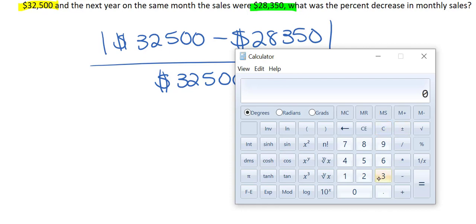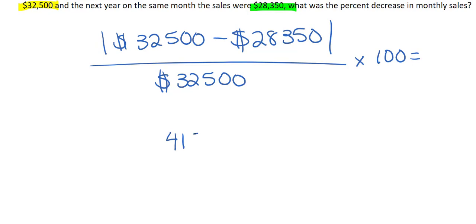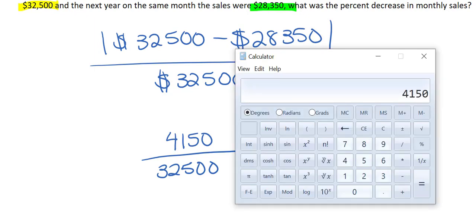We'll just get the calculator out, and we will do our subtraction. And we get 4,150. Let's go ahead and now divide. And it's already positive, so we don't need to make it positive. It already is, because this is a decrease.